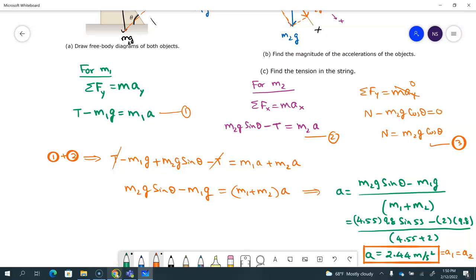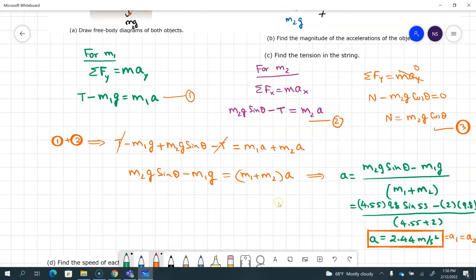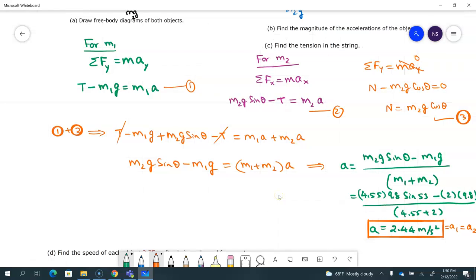Okay, and of course once you have that, it's easy to get the tension. You could either substitute into equation 1 or equation 2. Either of them should give you the tension, right? So if I go ahead and substitute into my equation 1, my tension T is going to be m1g plus m1a. So that's 2 kilograms times 9.8 meters per second squared plus 2 kilograms times 2.44 meters per second squared.